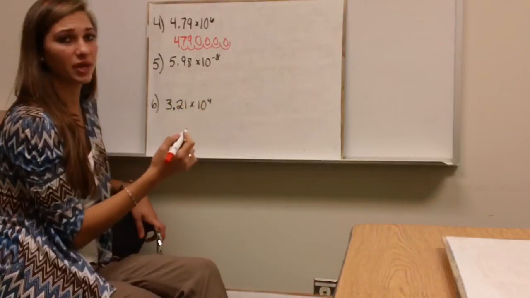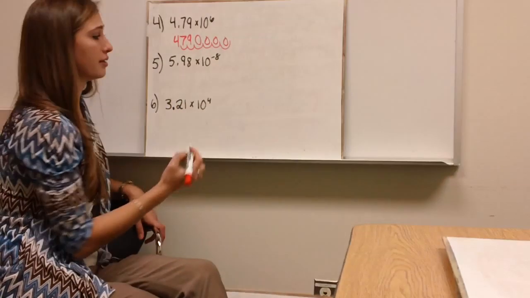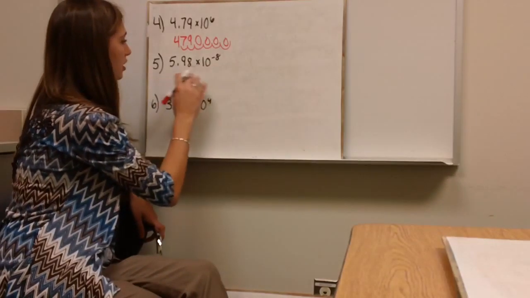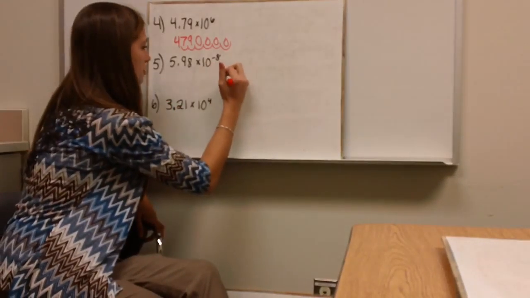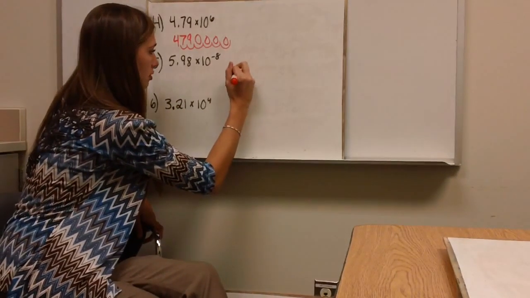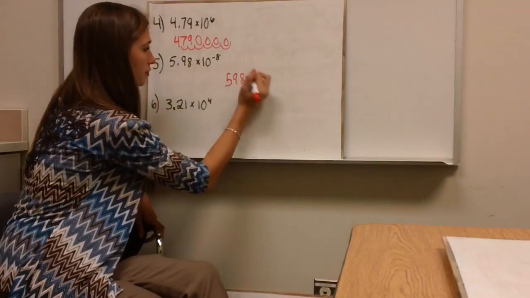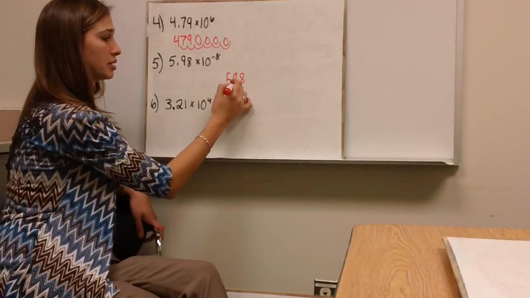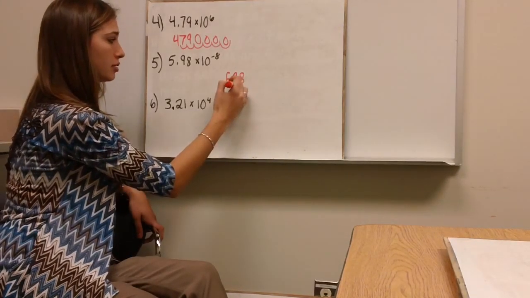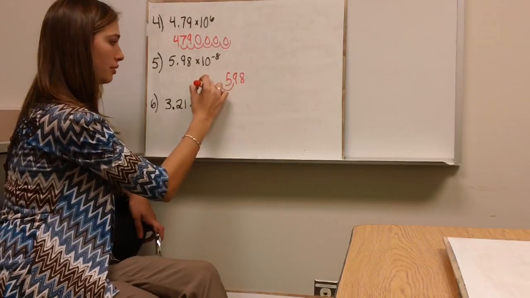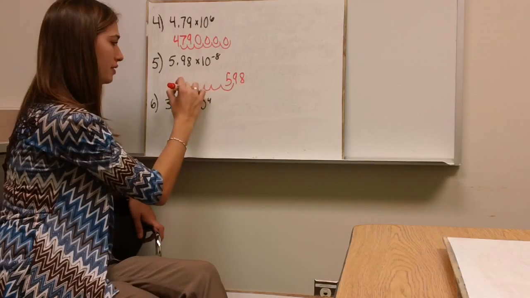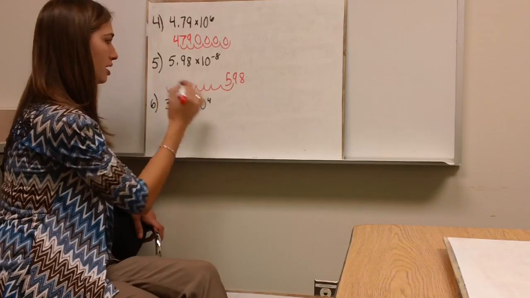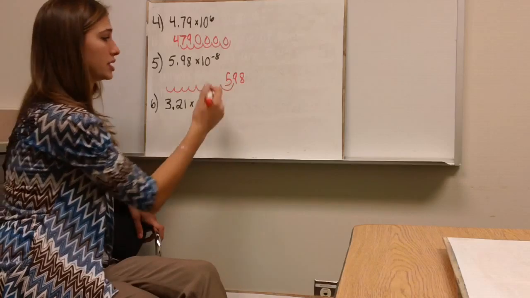For this next one we see that we have a negative exponent, so we need to be going the other way. We're going to start off with our coefficient, and our decimal place is in between the 5 and the 9. So we need to count backwards. 1, 2, 3, 4, 5, 6, 7, 8. I'm moving 8 because our exponent is 8.